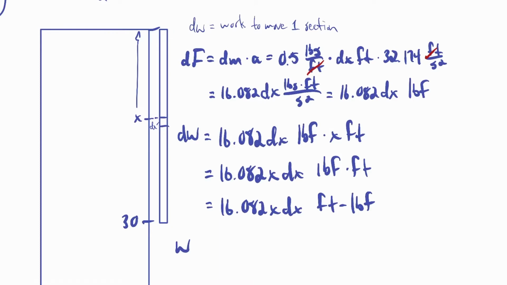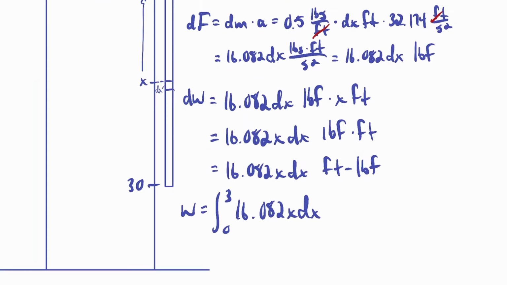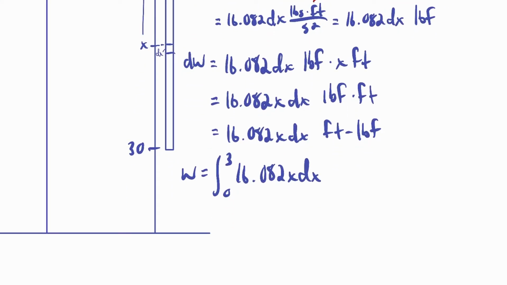So the work involved is going to be the integral from 0 to 30 of 16.082x dx, and I won't bother with the units in the integral. Okay, so this equals 8.041x squared, evaluated at 0 and at 30.